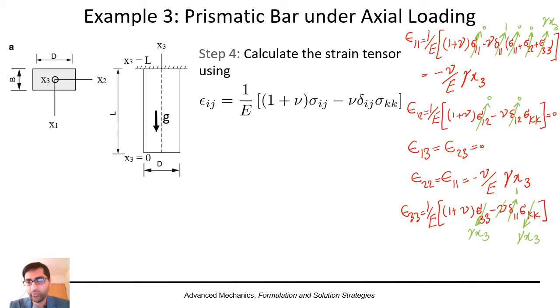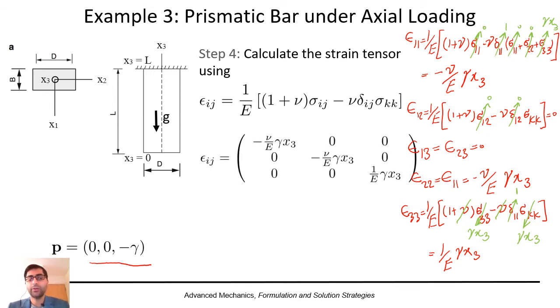We have minus nu here and plus nu here, so they cancel each other, and we end up with epsilon 3,3 equal to 1 over E multiplied by gamma x3. Now we have all the elements for epsilon, and you know that the body force is equal to minus gamma.